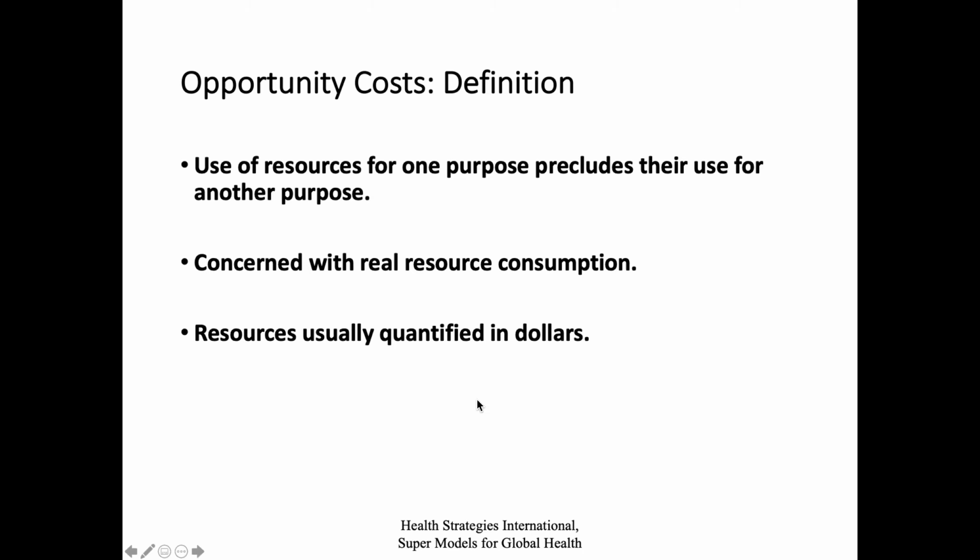In opportunity costs, we're really ultimately concerned about real resources like people's time and gasoline and so on. But we quantify all of this in a common metric called dollars. So we think about dollars or other units of currency, dollars spent on one purpose, which again cannot be spent on another purpose.